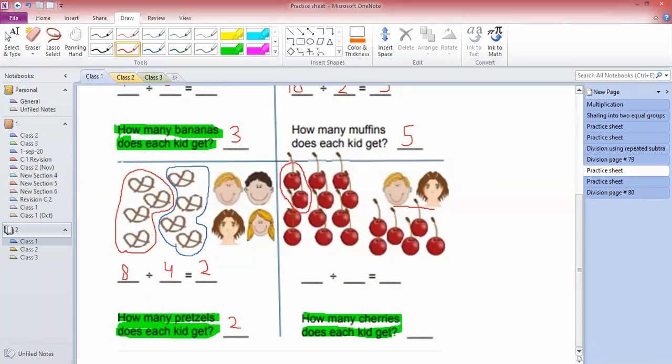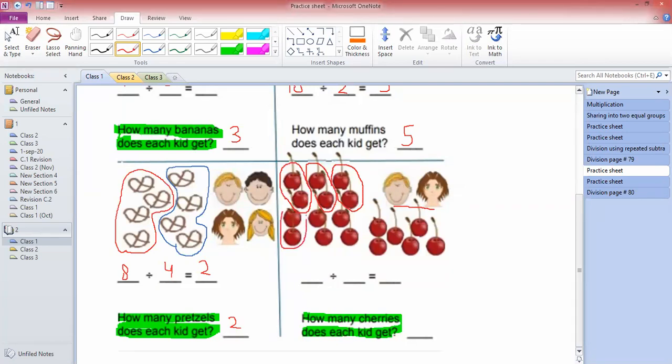Now again count 1 and 2. Again make one group. 2 groups are there, but still too many cherries are left. Make one more group. 1 and 2.